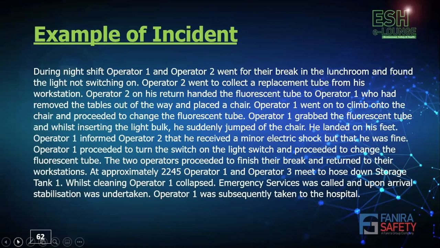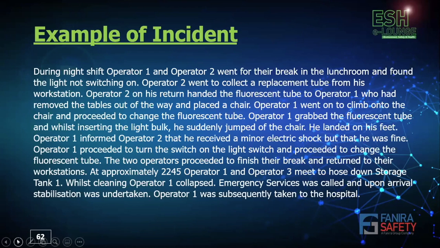So we'll summarize this incident. This is an incident of 2 operators going for a break on night shift. They arrive when the light switch is in the on position. Well, they don't know it's in the on position, but there is no light. The light is not working.